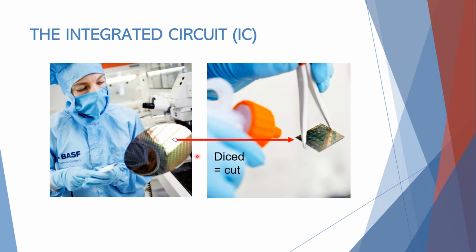It is very small actually. There are a lot of chips on this one plate. They are called dies, and this is the size of the final integrated circuit that will be covered in the packaging and then inserted into the computer or the electronic part.